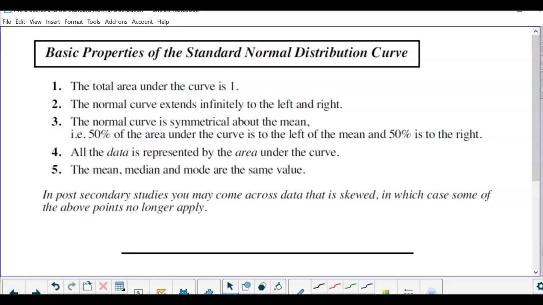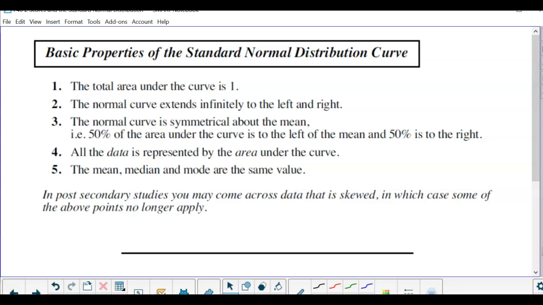If you want to convert it to a percent, you multiply by 100. Okay? It does extend to infinity, left and right. It doesn't touch the axis, remember? The normal curve is symmetrical about the mean. 50% of the area under the curve is to the left, 50% is above. All data is represented by the area under the curve, and the mean, median, and mode are the same value.